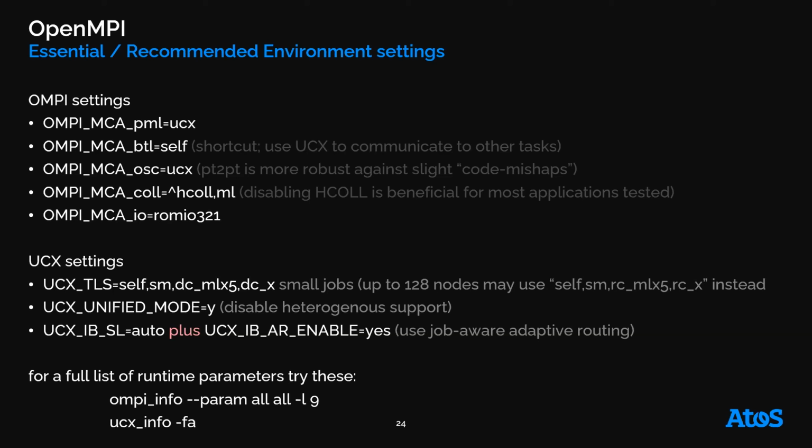So we recommend to use OpenMPI, and for OpenMPI, we recommend some settings that mostly are already on the DKRZ info or documentation page. So, well, you can just read it.